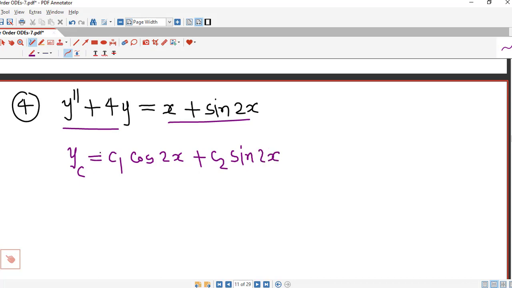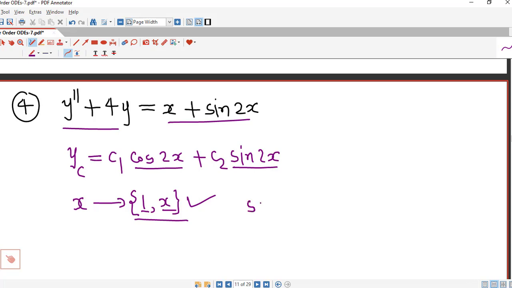Now here two functions are in addition, so I will write down the families corresponding to each function, and then I will check for each family whether any member is present in the complementary function or not. The family corresponding to function x is 1, x, and no member of this family is present in the complementary function, so we keep this as it is.